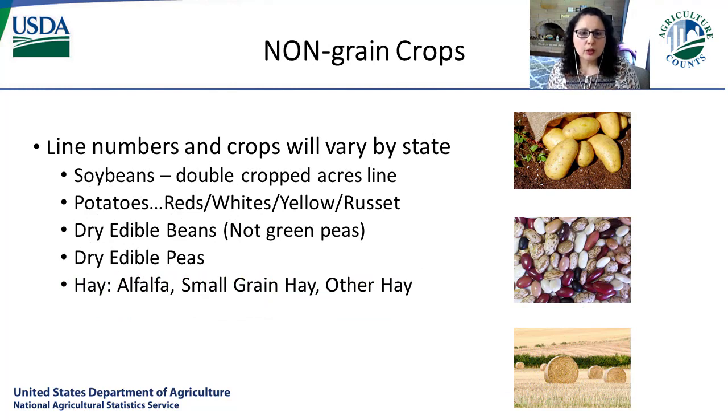Now let's move on to the non-grain crops. Here again, line numbers will vary by the state questionnaire version you are working on. The non-grain crop portion of Section D includes crops such as soybeans, potatoes, dry beans, dried peas, hay, and others.